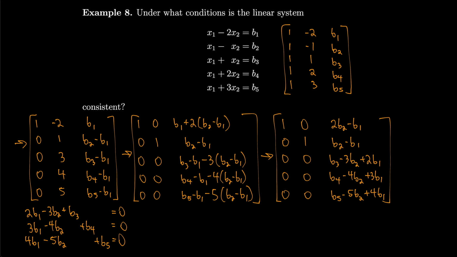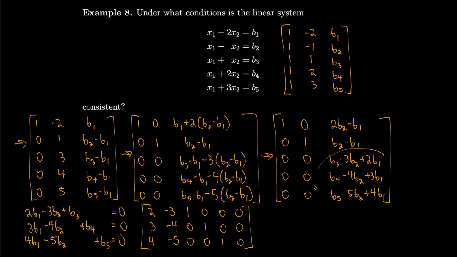Okay, so how about we write this in turn as a matrix? So I'll write 2, minus 3, 1, 0, 0, 0, 3, minus 4, 0, 1, 0, 0, 4, minus 5, 0, 0, 1, 0, because basically what I'm trying to do is find values for all these b's that will actually work and make this equal to 0.